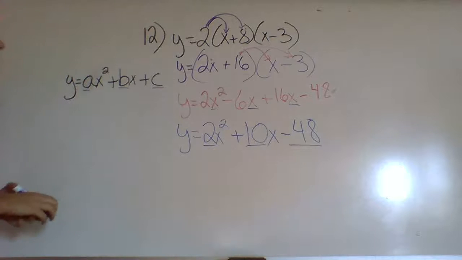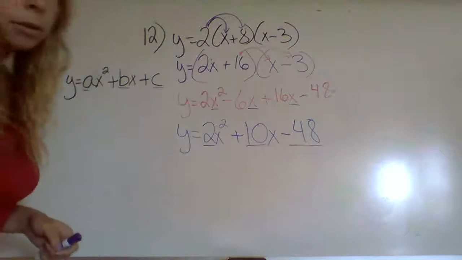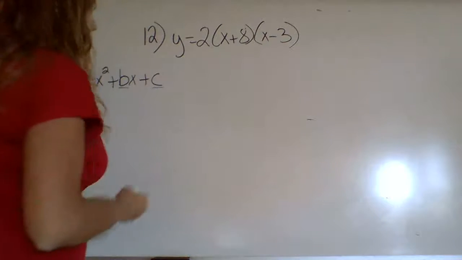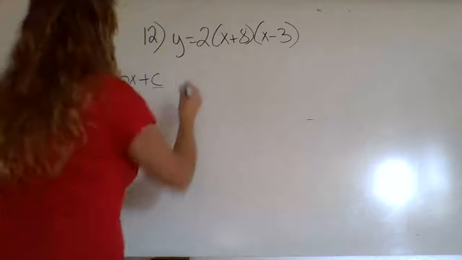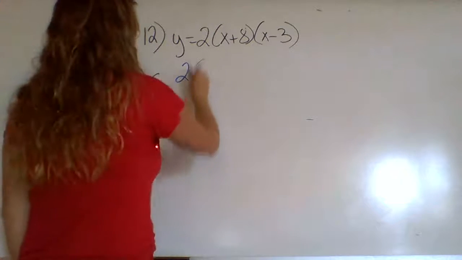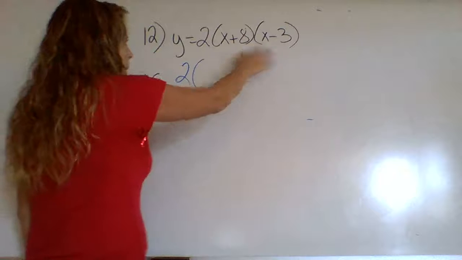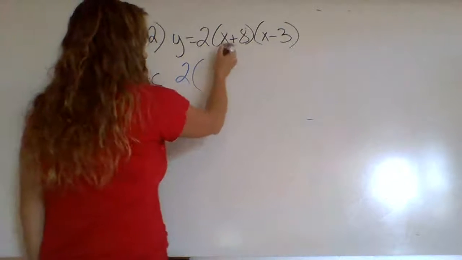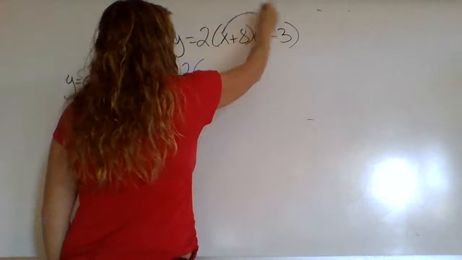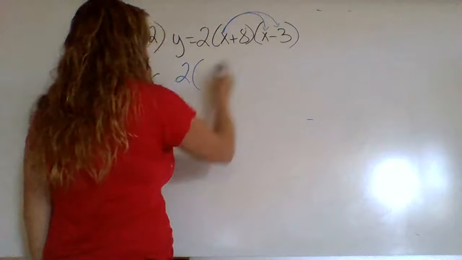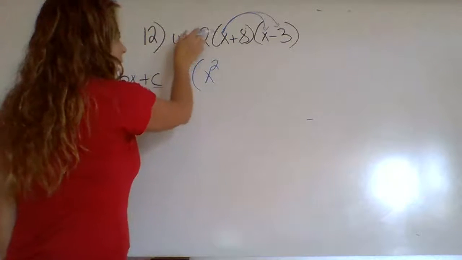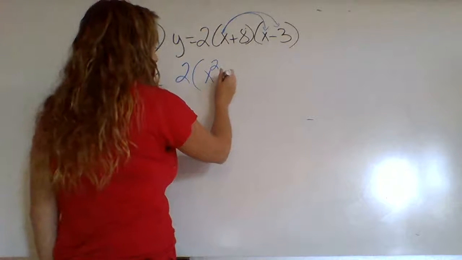All right. I'll do one more of those. I forgot I was going to do it both ways. So if you want to wait, just rewrite your 2, leave it out of the way, and then do this part first. So FOIL first. x times x, x squared, x times negative 3.